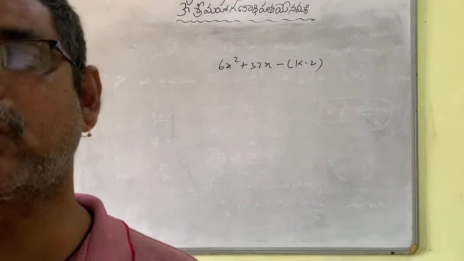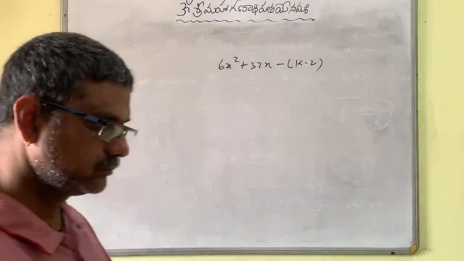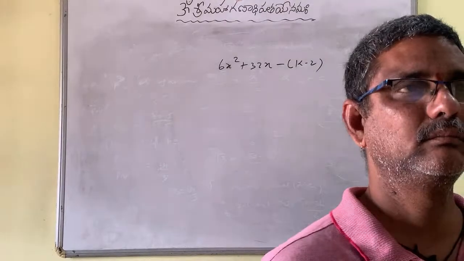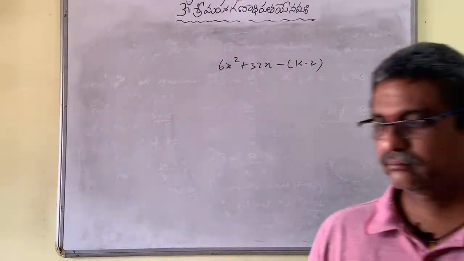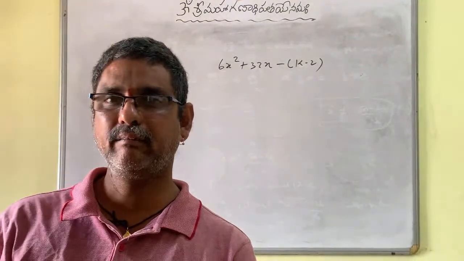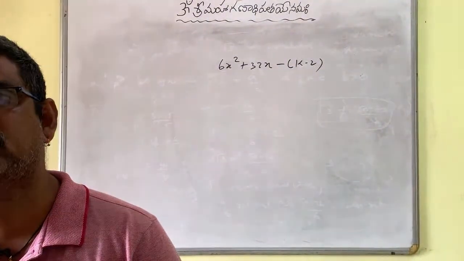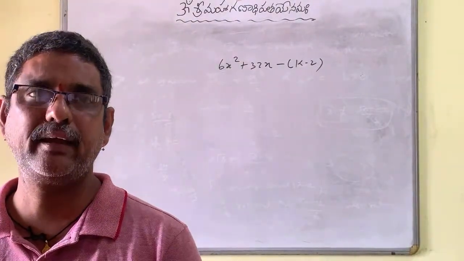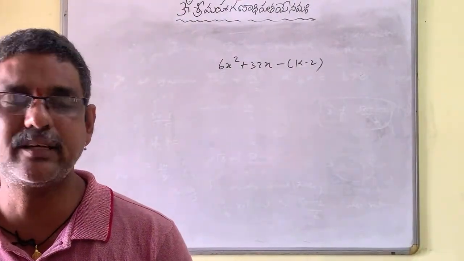What is its reciprocal? One by 5. Very good. And how can you say that 1 by 5 is a reciprocal of 5? What is the reason behind it?